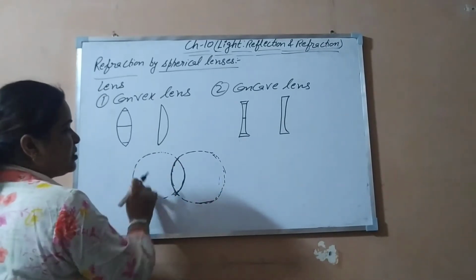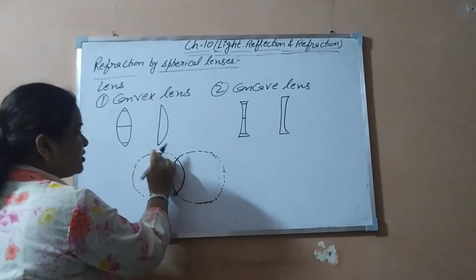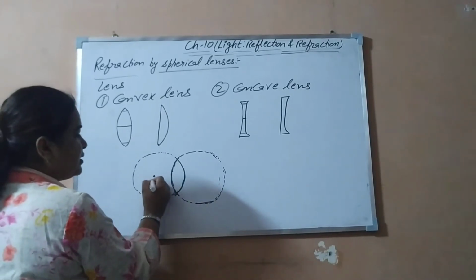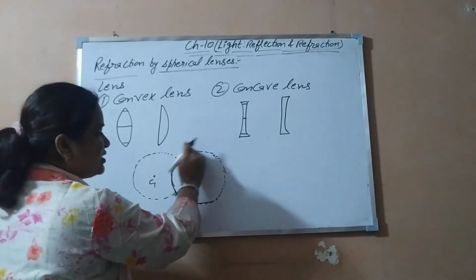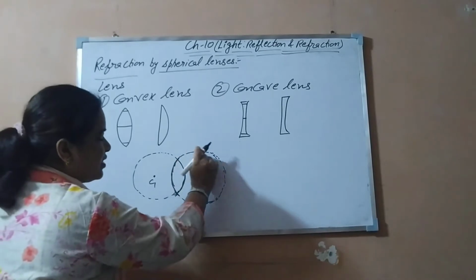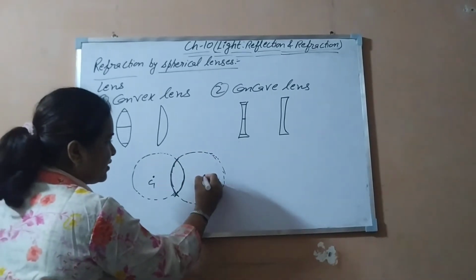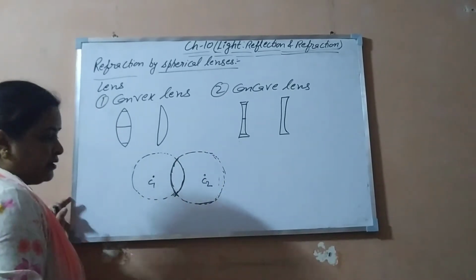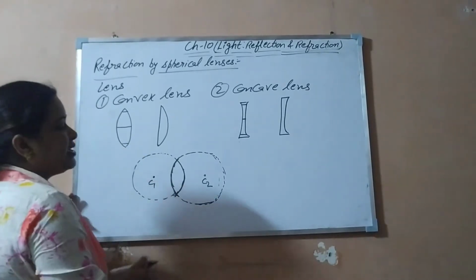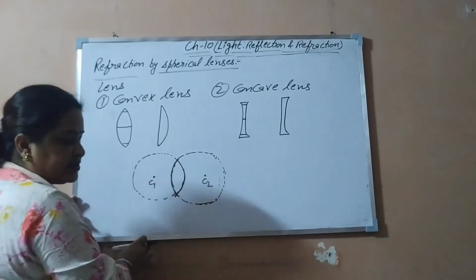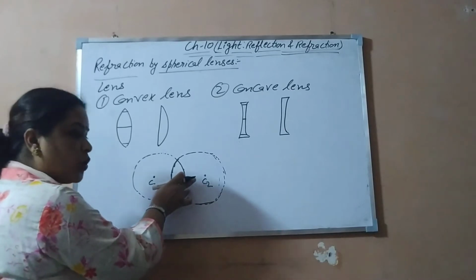One sphere has its own center, C1, and the other hollow sphere has its own center, C2. That is why lenses are formed by two refracting surfaces which come from hollow glass spheres.